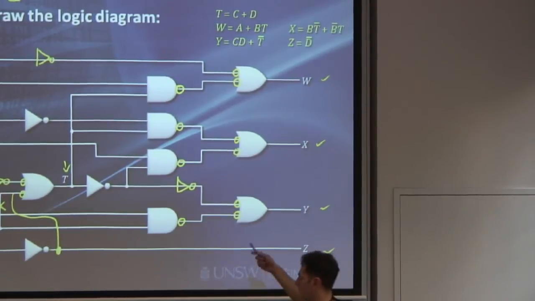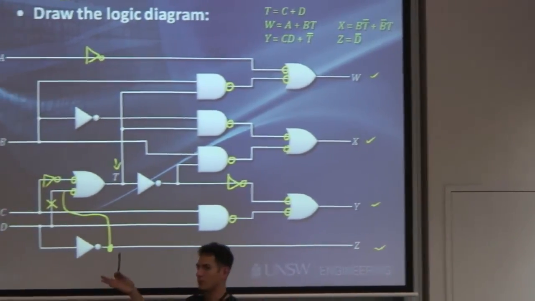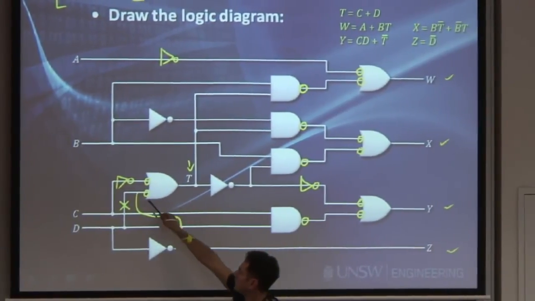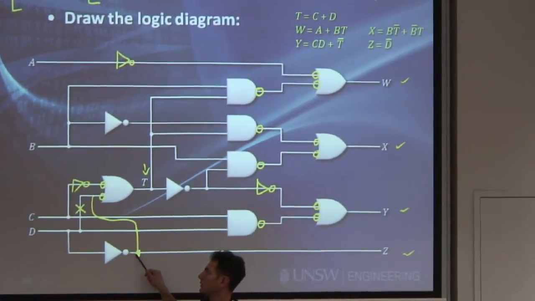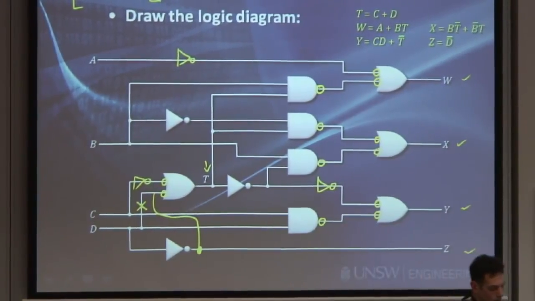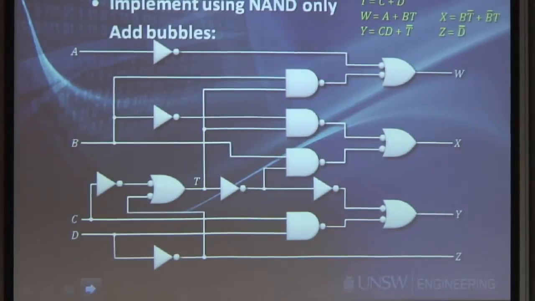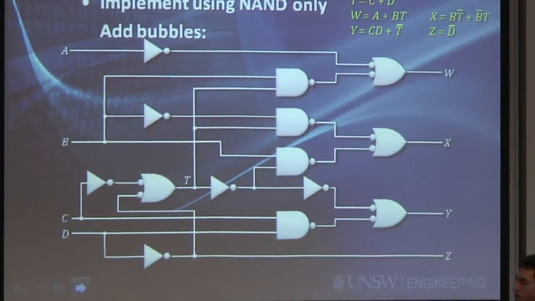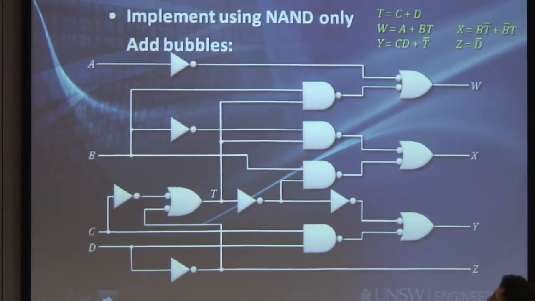And I will show you this in a nice form in a second that I prepared earlier. But I can connect this signal to node D instead of introducing another inverter again, which gives me this result here, only nicer.